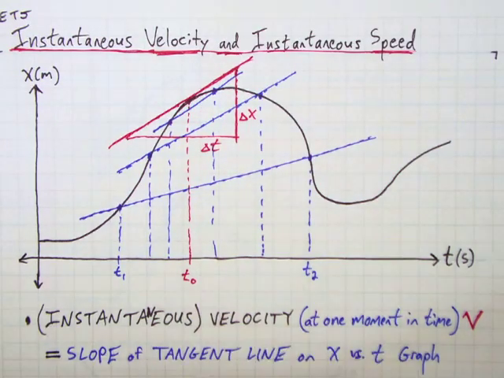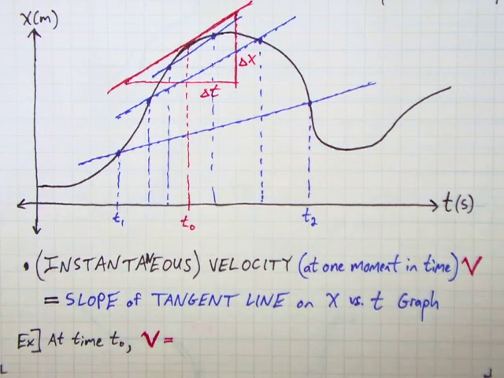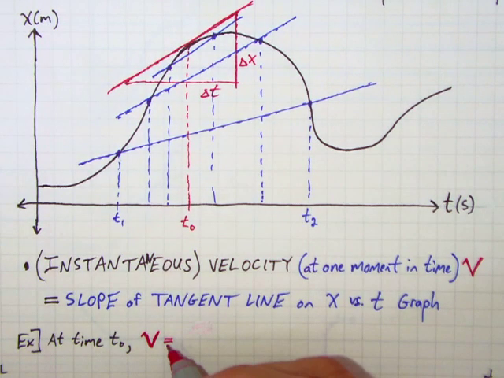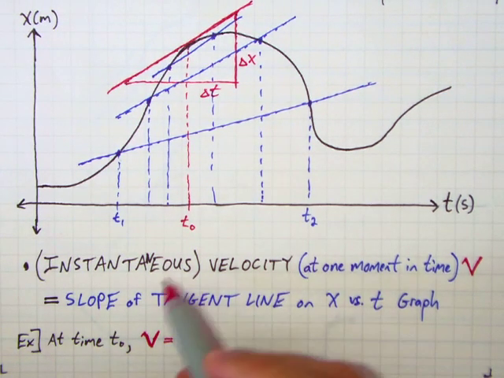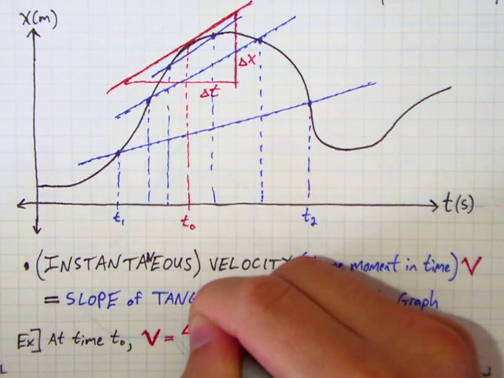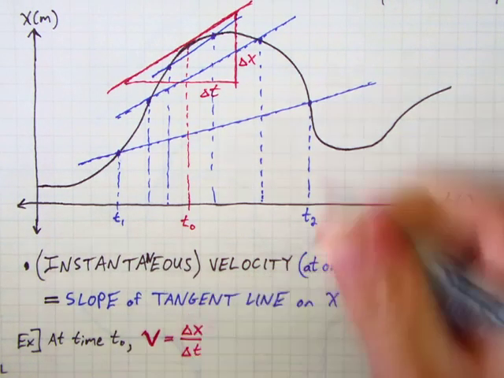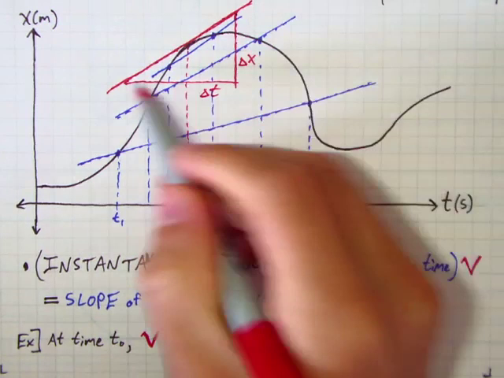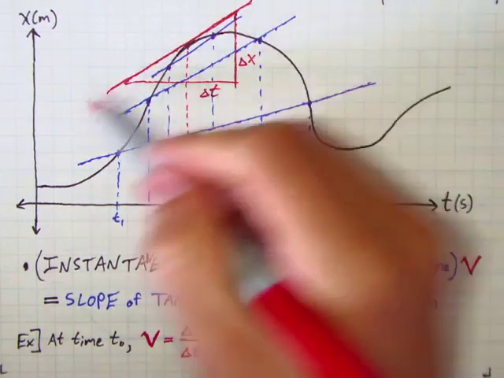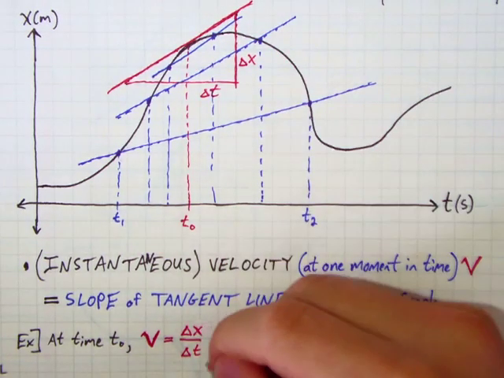So for example here, at our time t0, our instantaneous velocity, and usually we just say velocity, we drop the word instantaneous, is given by the rise over the run, delta x over delta t, of this tangent line, the line that just touches the graph right there.